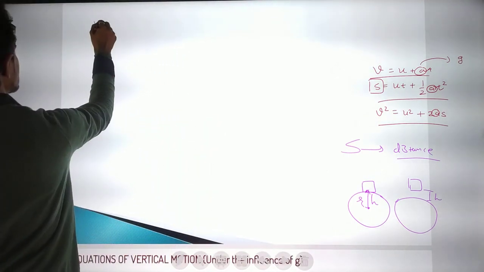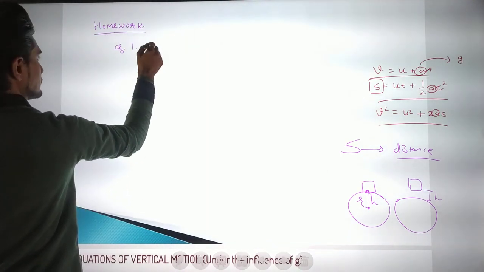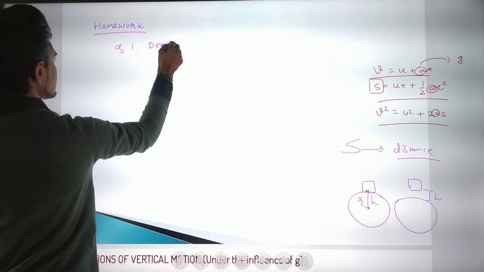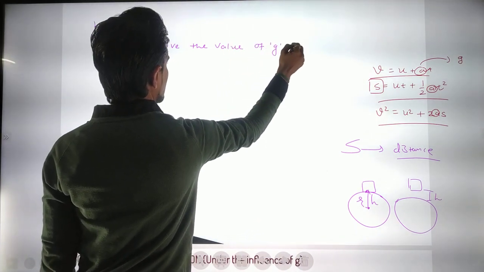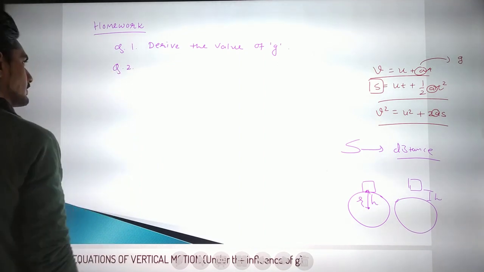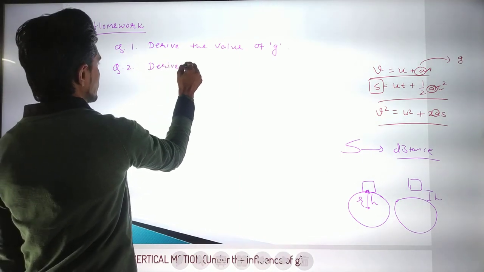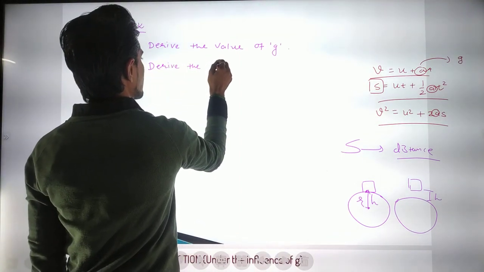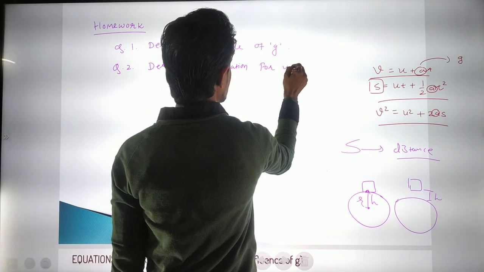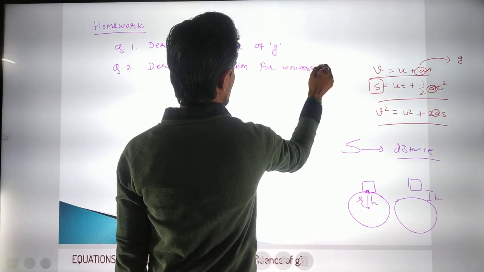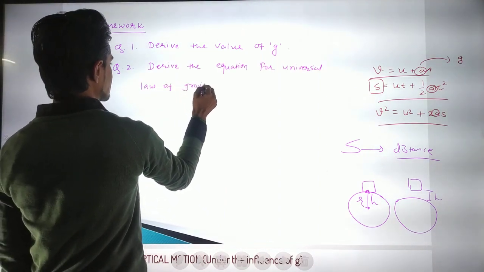Today's homework is: question 1, derive the value of G. Question number 2, derive the equation for the universal law of gravitational constant.